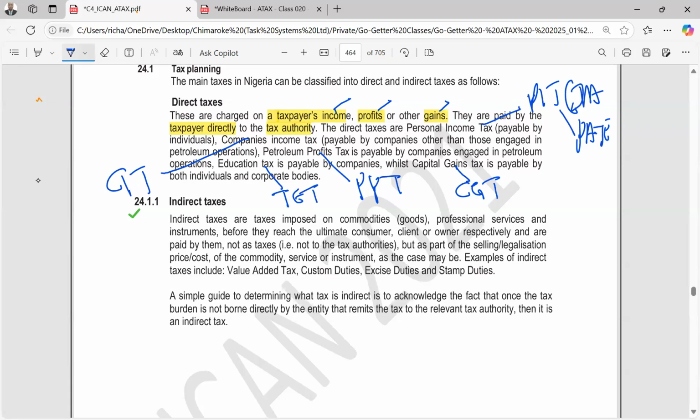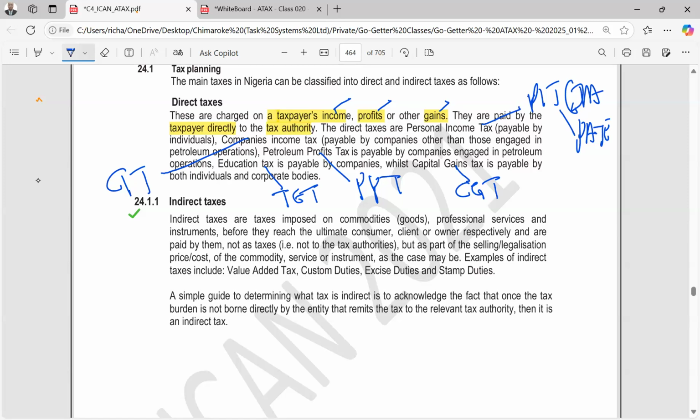Now, indirect taxes are taxes imposed on commodities, professional services, and instruments before they reach the ultimate consumer. And they are paid not as taxes, but as part of the selling price of the commodity.